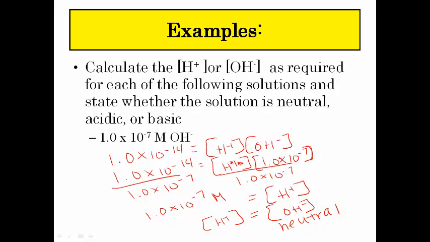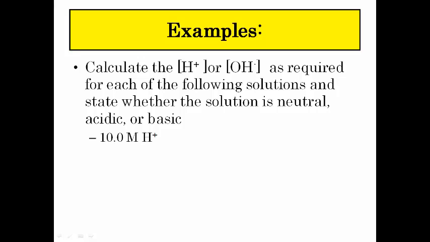Alright, and last but not least, now this one's a little different because there are not even any exponents, and they're giving us the H plus concentration. So again, I have 1.0 times 10 to the negative 14th, that's equal to my H plus times my OH minus.